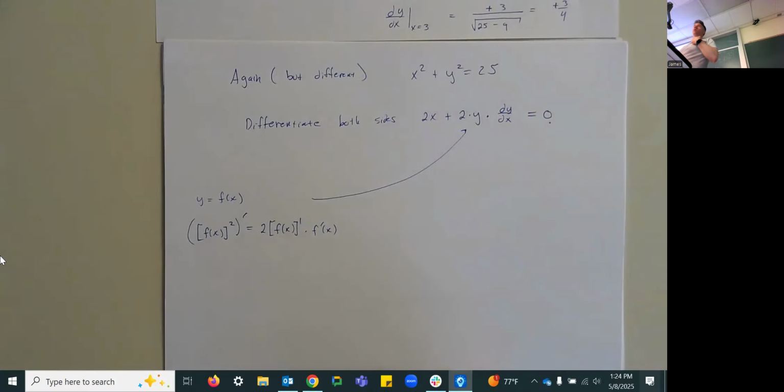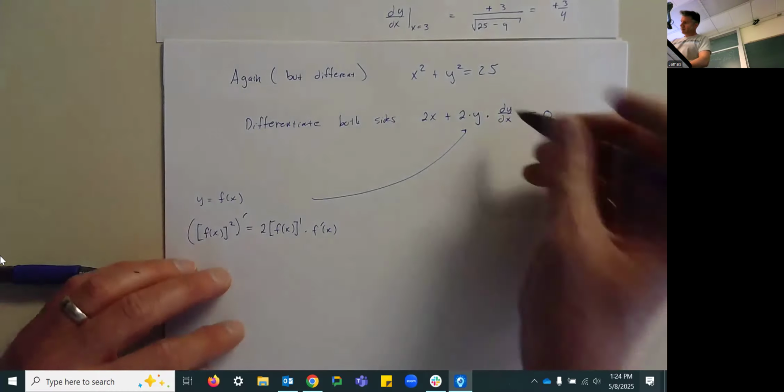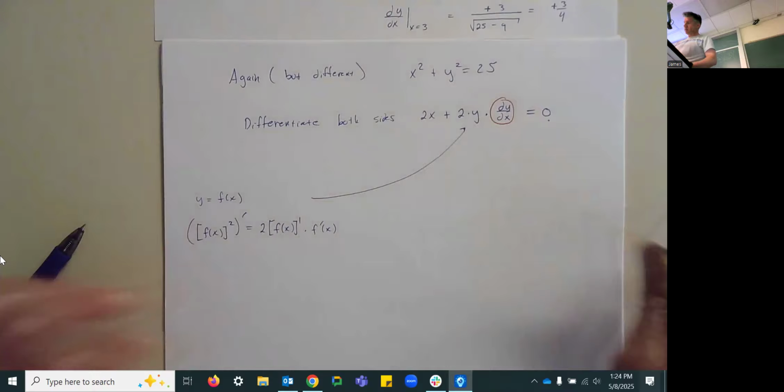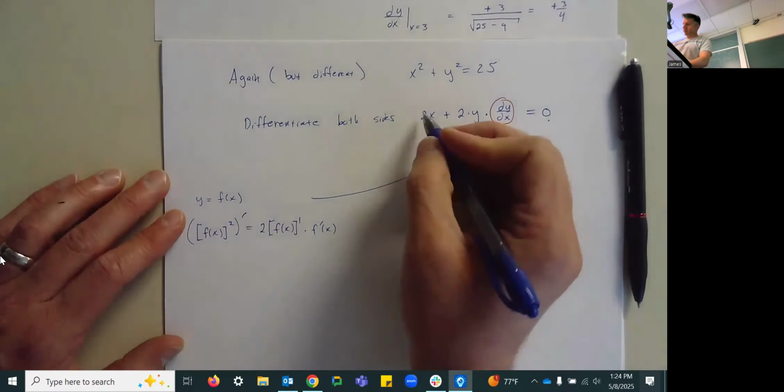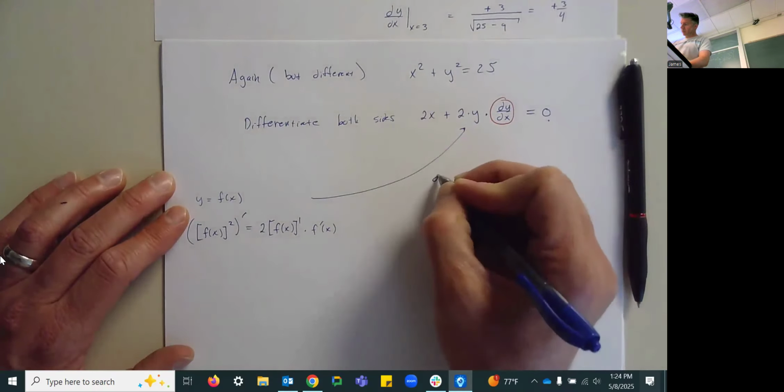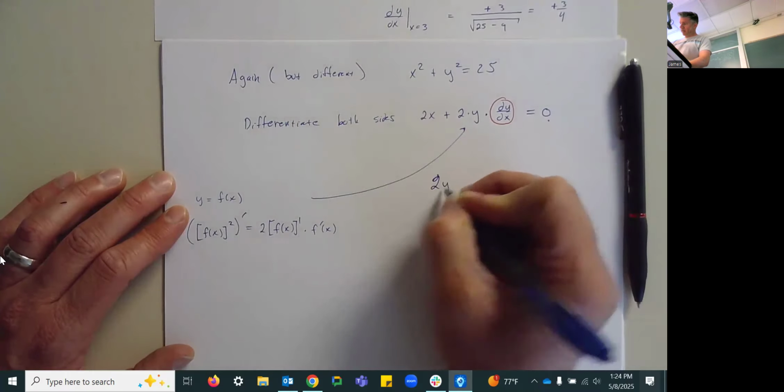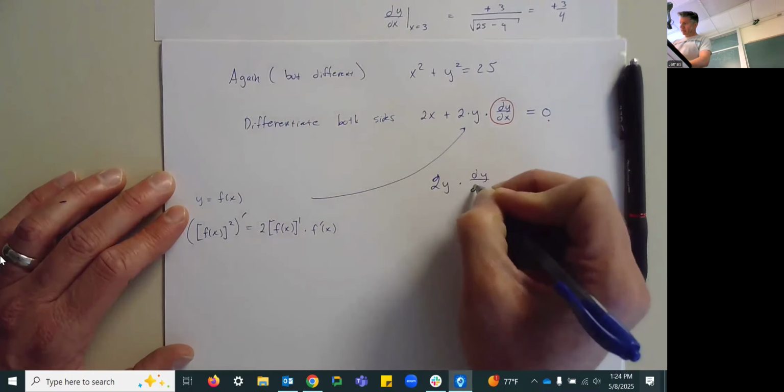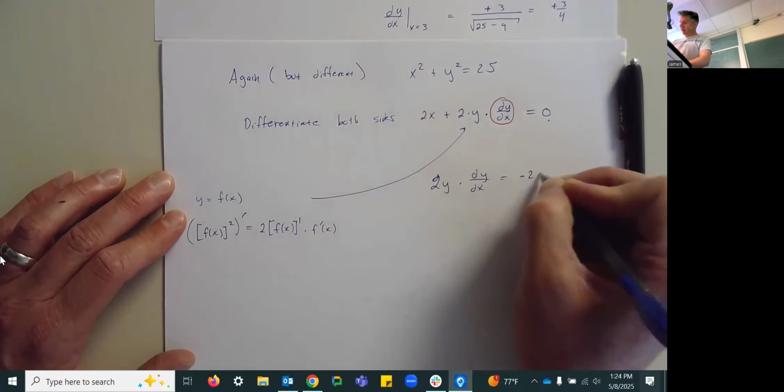And now we're going to solve for the derivative. So we're going to isolate this dy dx here. I'm going to subtract 2x first. So 2y times dy dx equals negative 2x.